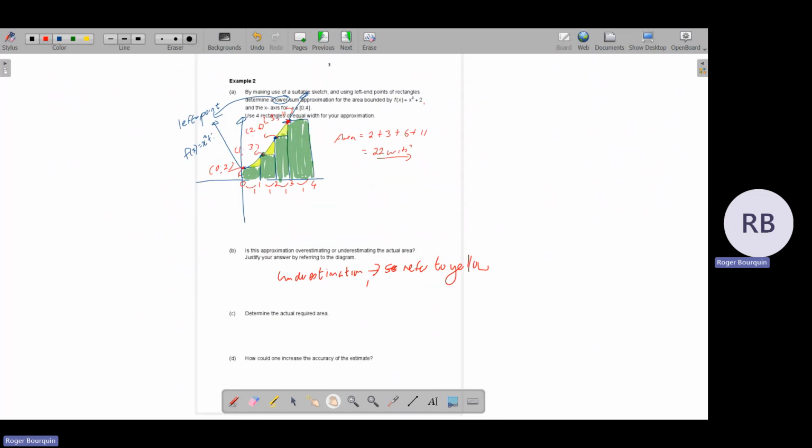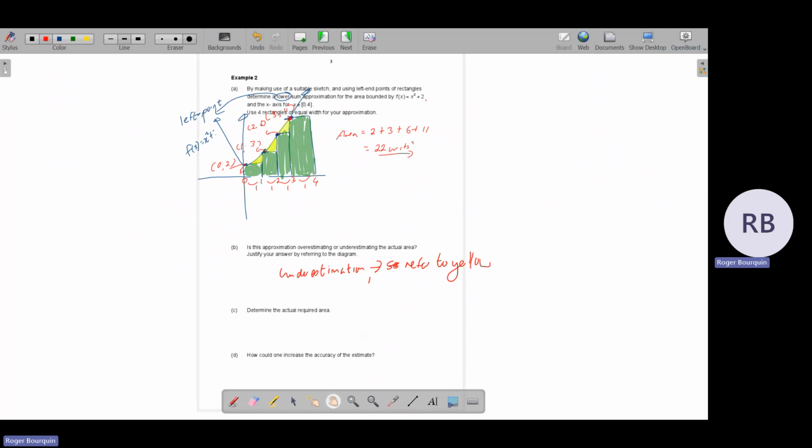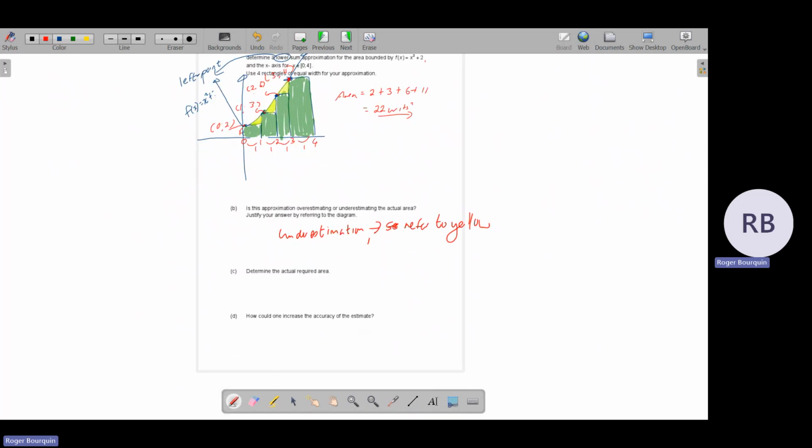Have we done the actual area we did in the previous question? What was the actual area we did in the previous time?